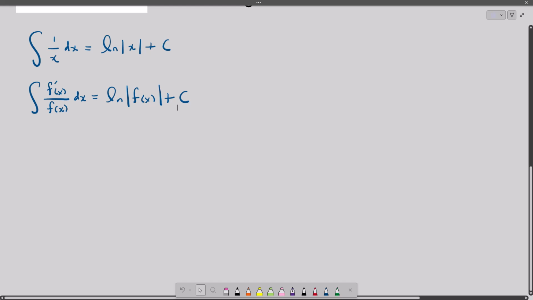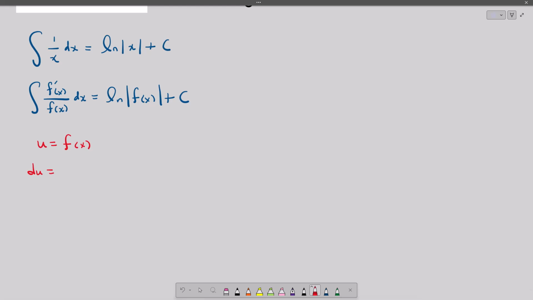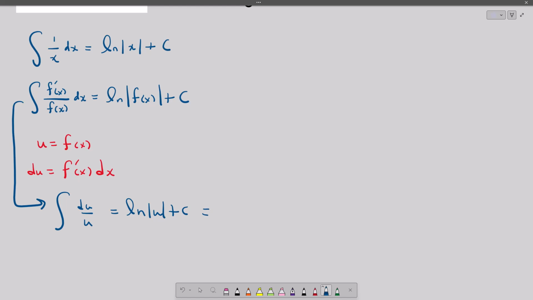Because if you let u equal f of x, then du will be f prime of x dx. You take the derivative, du dx, of both sides, and then move the dx to the right. Now look what happens when you substitute this back in. F prime of x dx is du, so you end up with just du over u. U is the denominator. This gives us natural log absolute u. Then we back substitute, u is f, so we get natural log absolute f plus c.